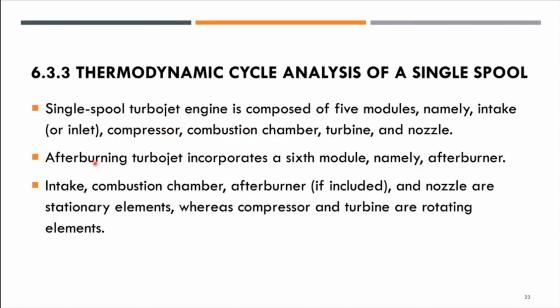An afterburning turbojet incorporates a 6th module, namely the afterburner. The intake, combustion chamber, afterburner if it is included, and nozzle are stationary elements. There are no moving parts, whereas the compressor and the turbine are the rotating elements. These are sometimes known as the turbomachinery components.